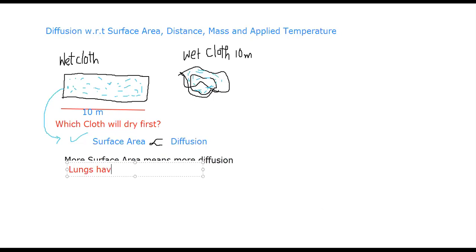Lungs have tiny airbags called alveoli. These tiny airbags provide more surface area to exchange more gases from the lungs to blood and blood to lungs.